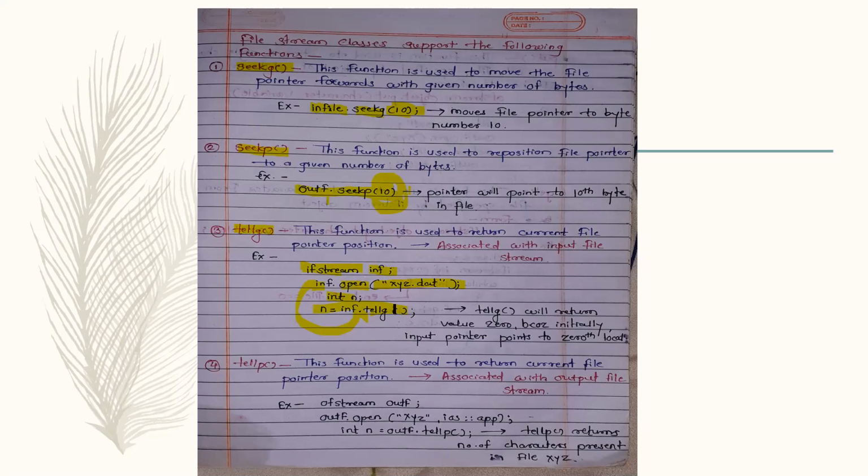Next function is tellp. This function is used to return the current file pointer position associated with the output file stream. Object of ofstream, object dot open file name, opening the file in append mode, and calling the tellp function.